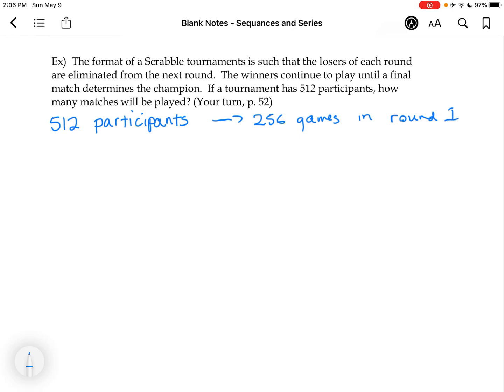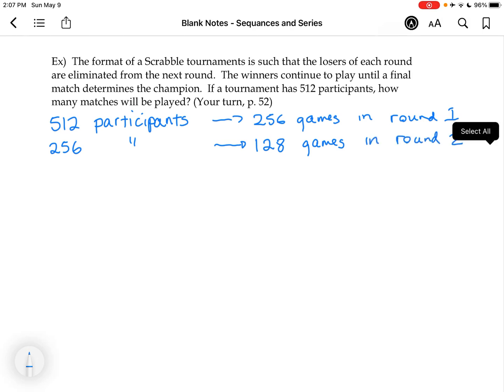Okay. Now, after the first round, half of the participants are going to get eliminated, right? So now there's not 512 participants, there's only 256 participants in the second round, which means there's only half as many games because in each game, there's 2 participants. So there's only 128 games in round 2.